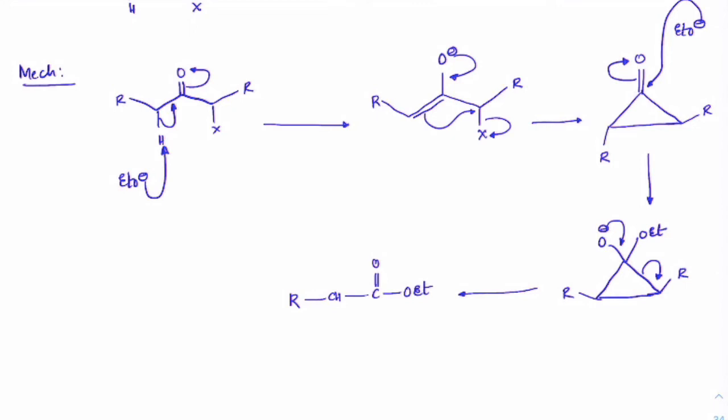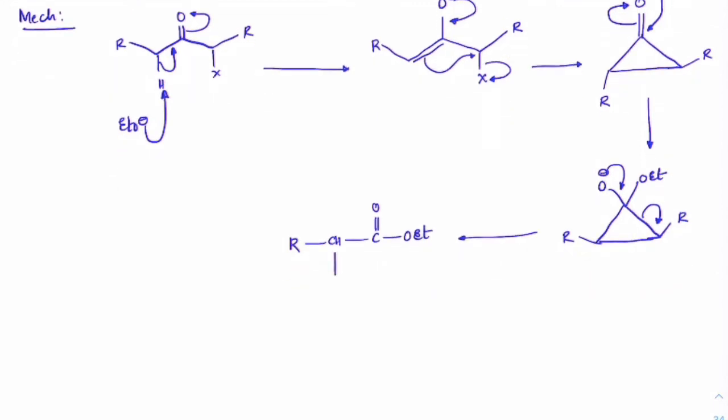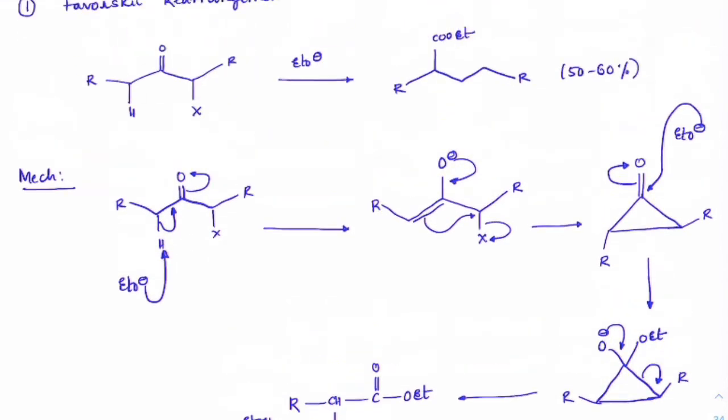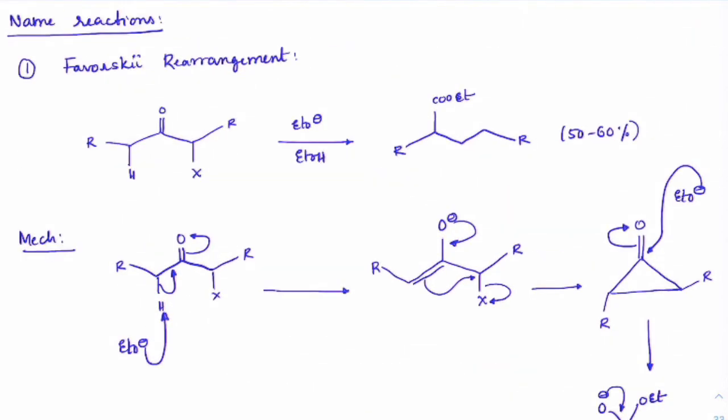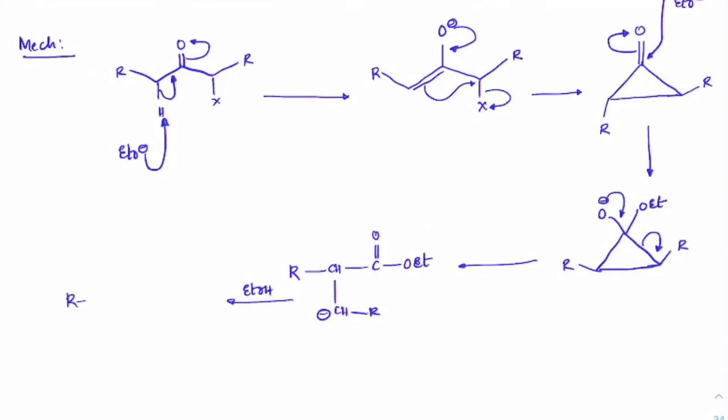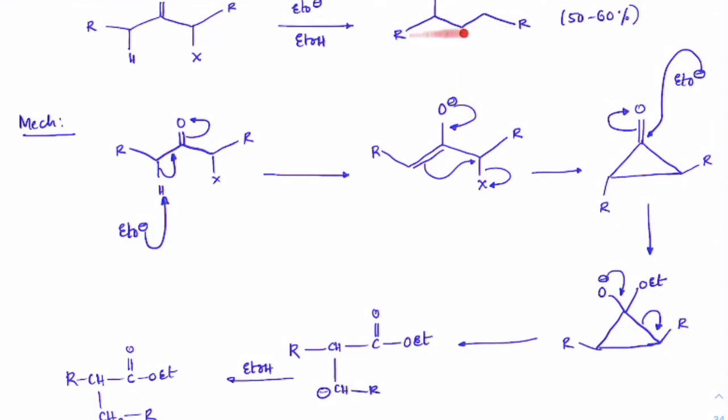This is what has been formed here, and on this side, on this carbon, we have CH minus and R. So this CH minus in the presence of EtOH, because we are taking the solution EtO minus and EtOH, we will get this as R CH C double bond O, OEt, CH2 R. That is the final product. This is the product we are expecting.